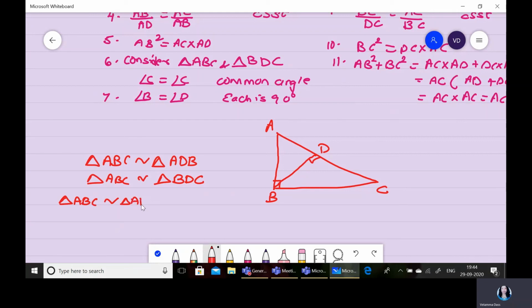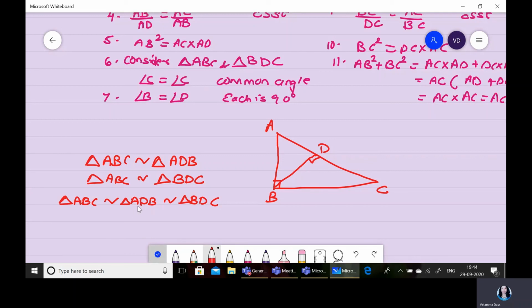That is, triangle ABC is similar to triangle ADB, similar to triangle BDC. So in a right angle triangle, if from the vertex you draw a perpendicular to the hypotenuse, the triangles formed on either side are similar to each other and to the whole triangle. We can use this fact for proving in application based sums.